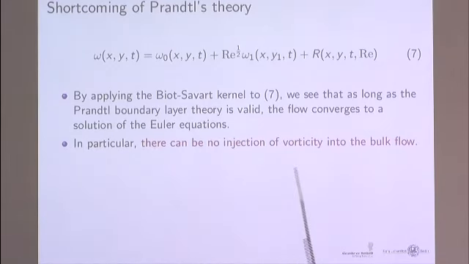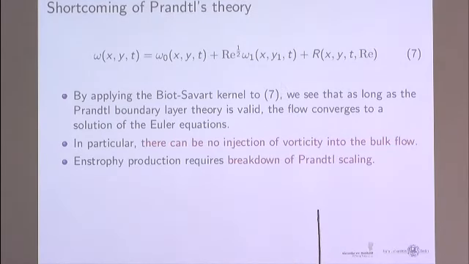Of course, if you have boundary layer detachment, that's a different question, but then this ansatz is not the right one anymore. And so the entropy production we are looking for to explain the finite dissipation requires that somehow this Prandtl ansatz breaks down at some point.